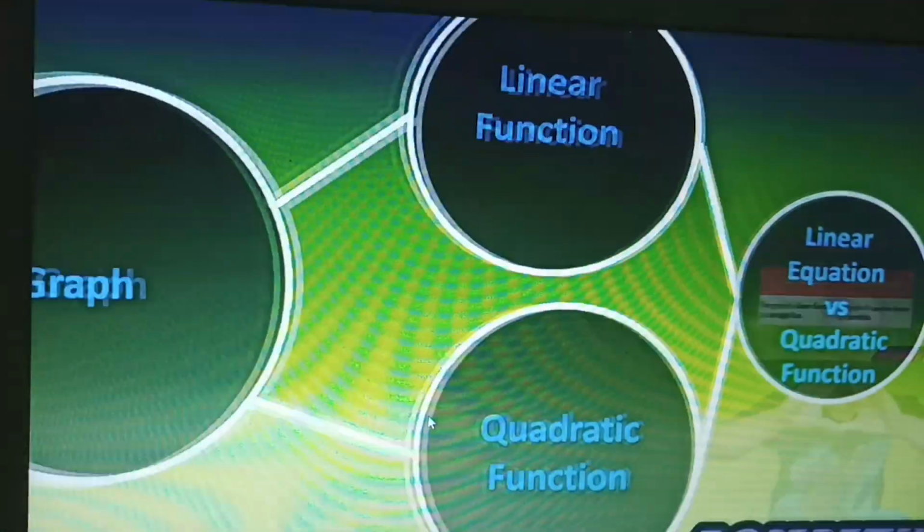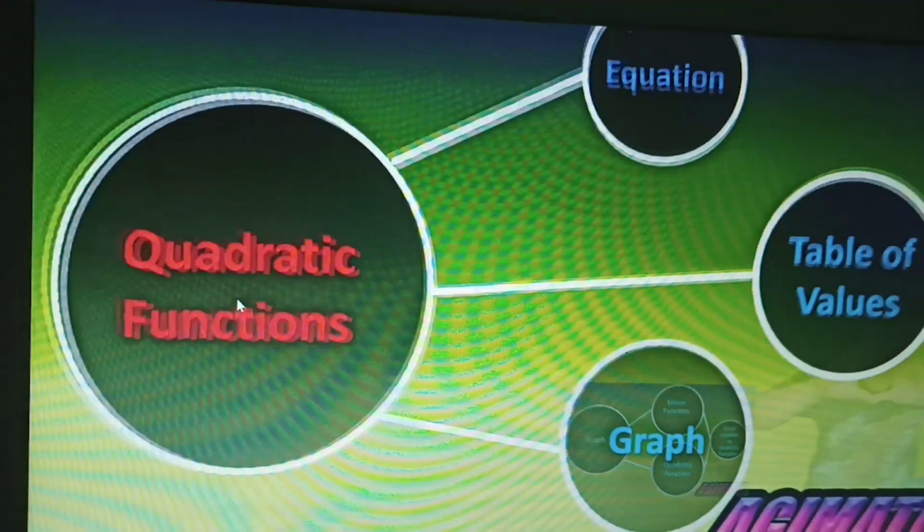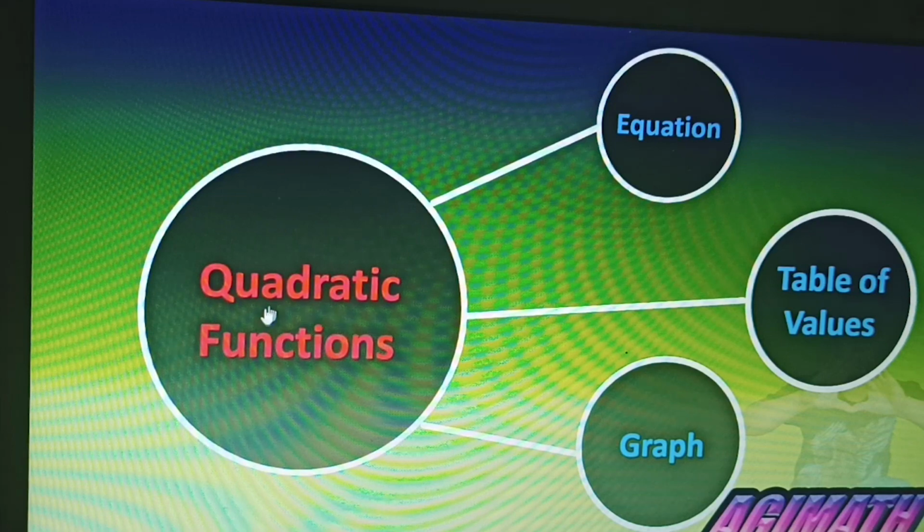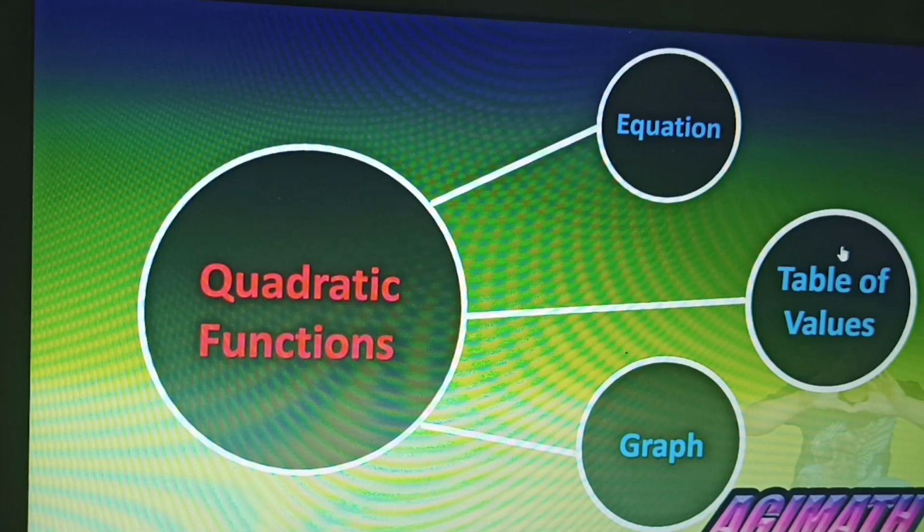I think that's all for this video. We already represented quadratic function. To recall, in terms of equation, a quadratic function should be of second degree. In terms of table of values, if the differences in x are equal, the second differences in y should be equal. So quadratic: degree 2, second differences. You see the pattern. And for the graph, it should be a parabola.